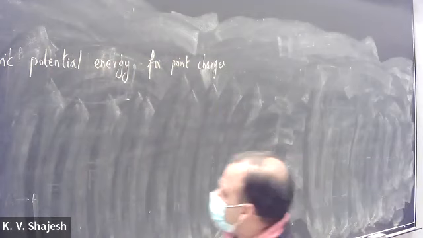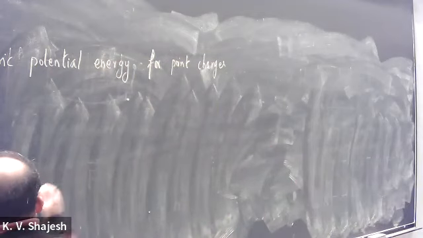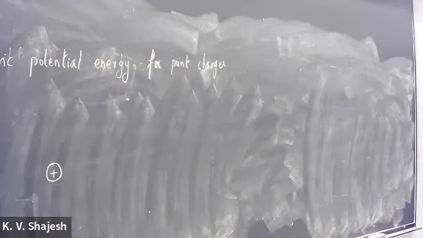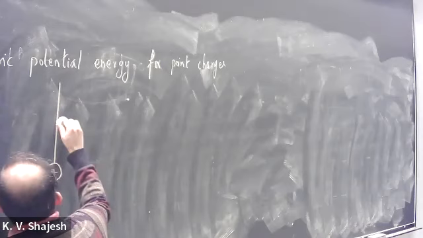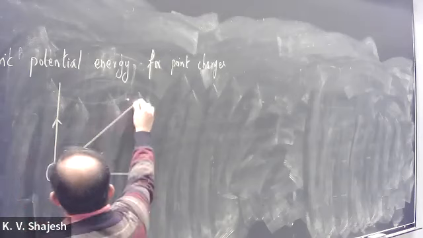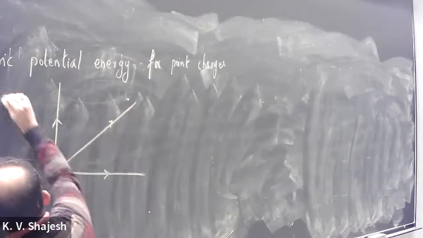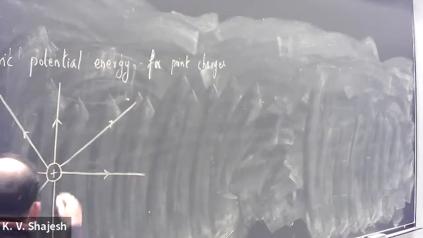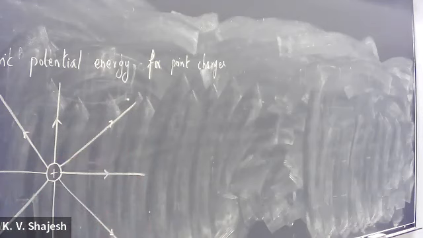Let me draw a configuration first. That's your positive charge, and the electric field lines for this look like this, radially going outward. That's your electric field lines.